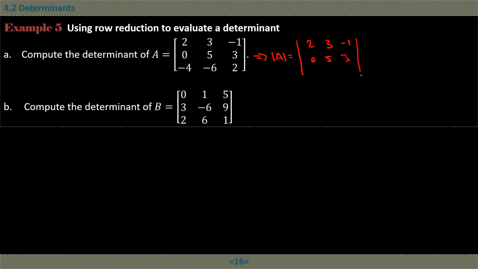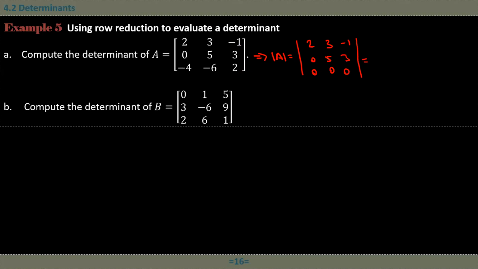I'm going to use the last property. The last property says that if you multiply a row by a constant and add it to any other row, the determinant doesn't change. So if you multiply the first row by 2 and add to the last row, 4 plus negative 4 is 0, 6 plus negative 6 is 0, and negative 2 plus 2 is equal to 0.